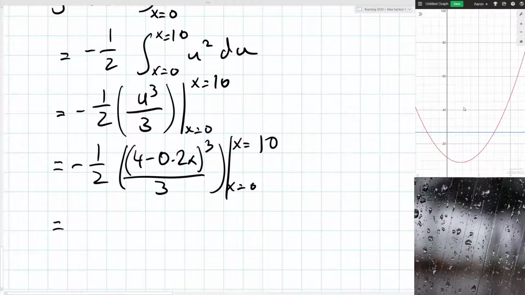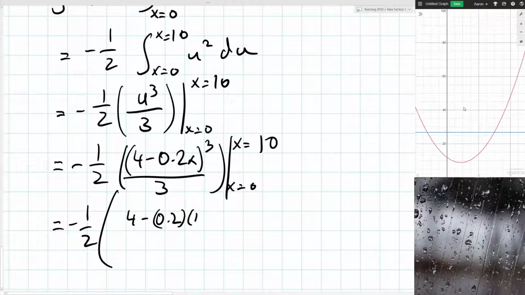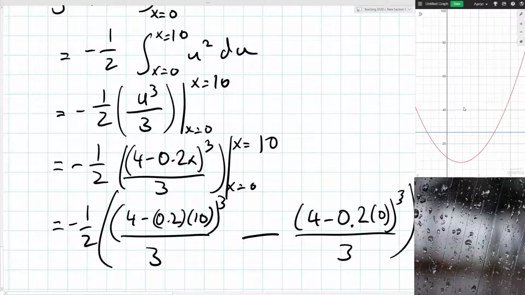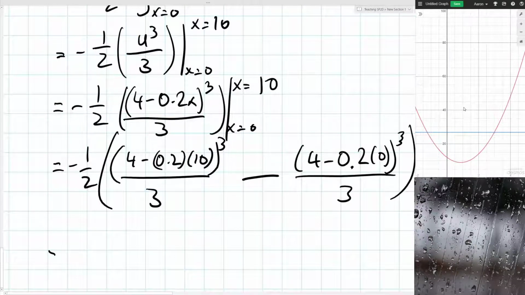So that'll be negative 1/2 times, first we'll plug in 10, so that's 4 minus 0.2 times 10, quantity cubed, over 3, minus 4 minus 0.2 times 0, cubed, over 3. So this is negative 1/2. 0.2 times 10 is 2.